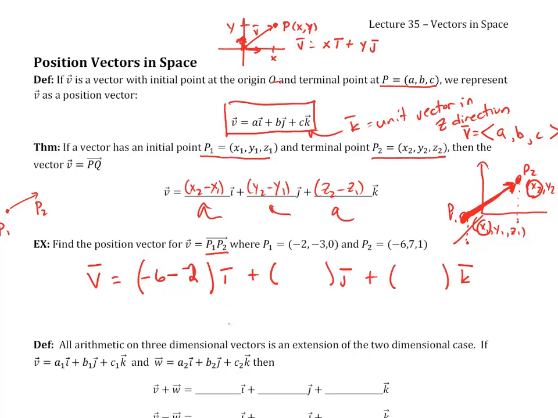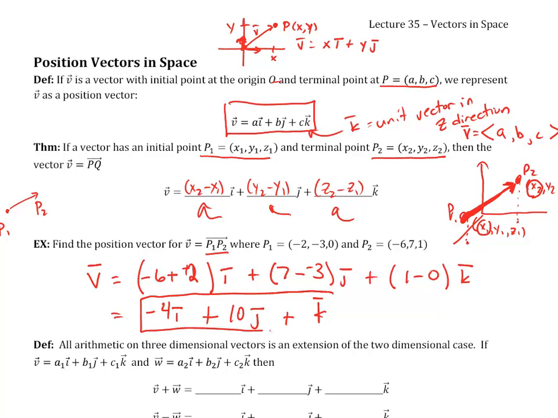So that's -6 minus -2, 7 minus -3, and 1 minus 0. This becomes -6 plus 2, which is -4i, plus 7 plus 3, which is 10j, and 1k, that's positive. So this vector goes -4 in the x direction, positive 10 in the y direction, and 1 in the z direction.